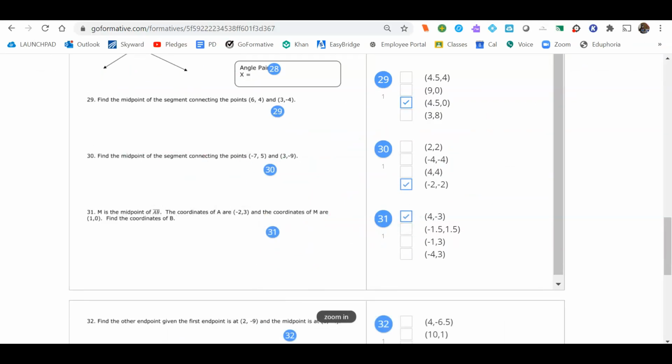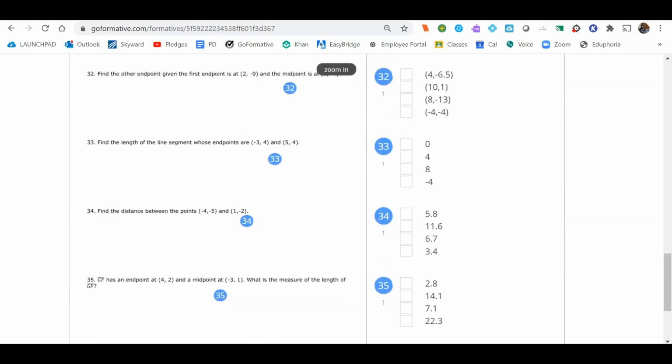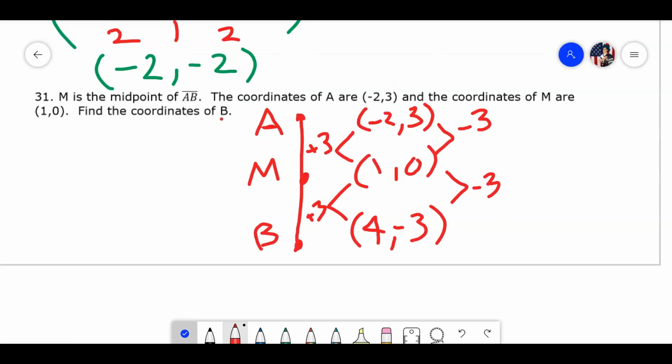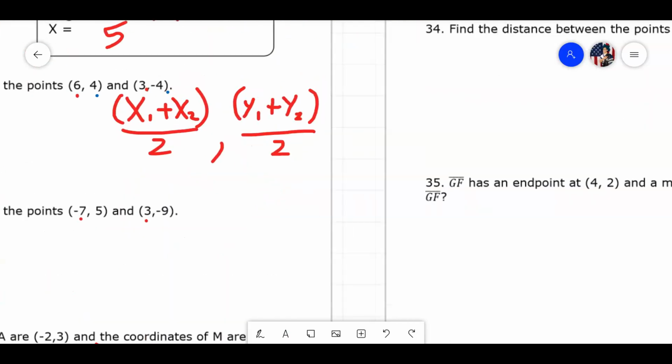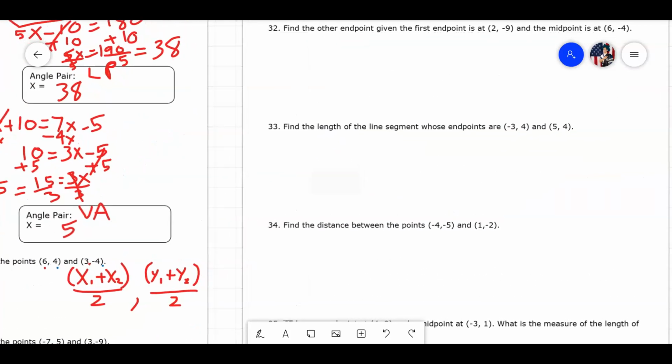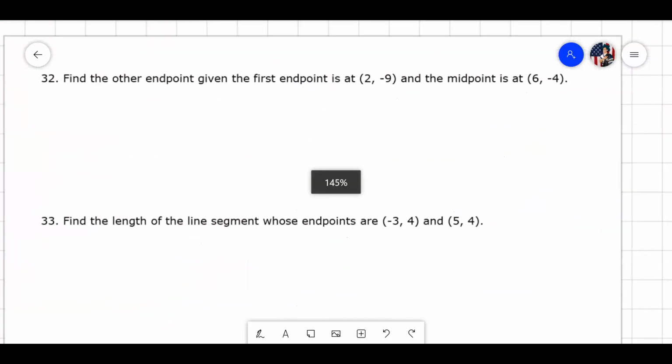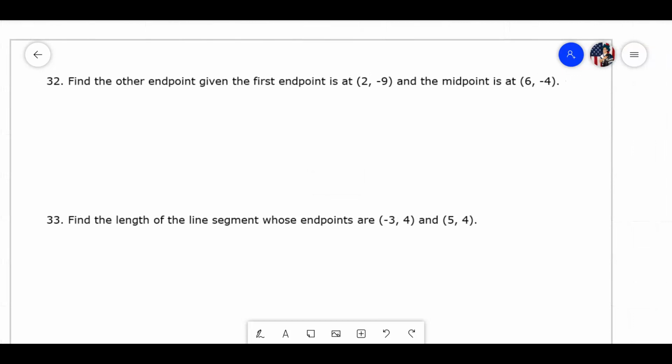All right. And we're going to do that same thing here on number 32, okay? Let's take a look at it. Okay, it says find the other endpoint when the first endpoint and the midpoint are given.